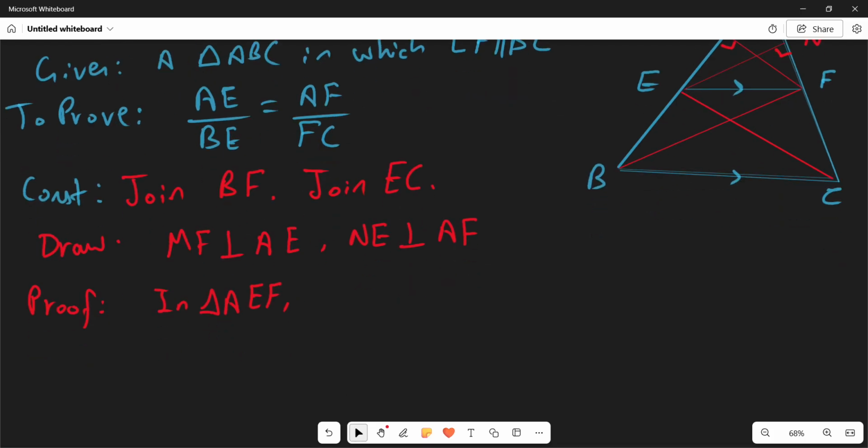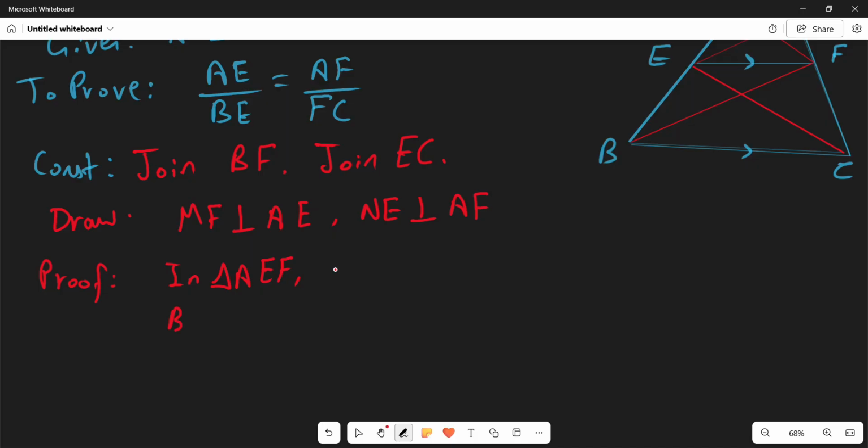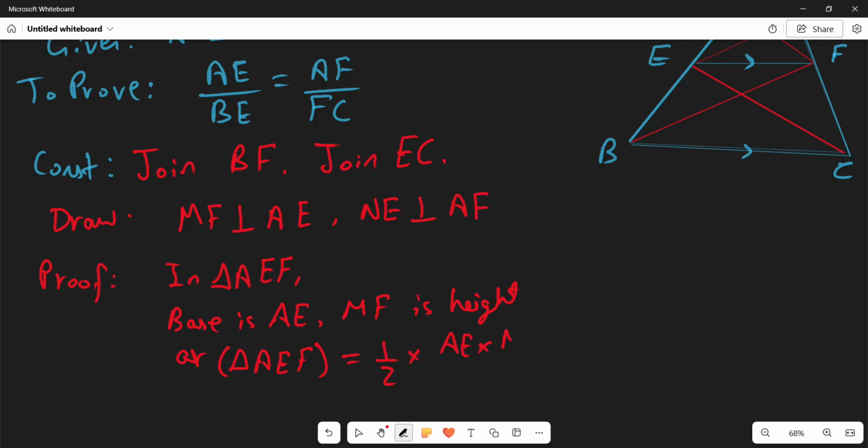Okay, base is AE, MF is height. So area of triangle AEF is equal to half into AE into MF.